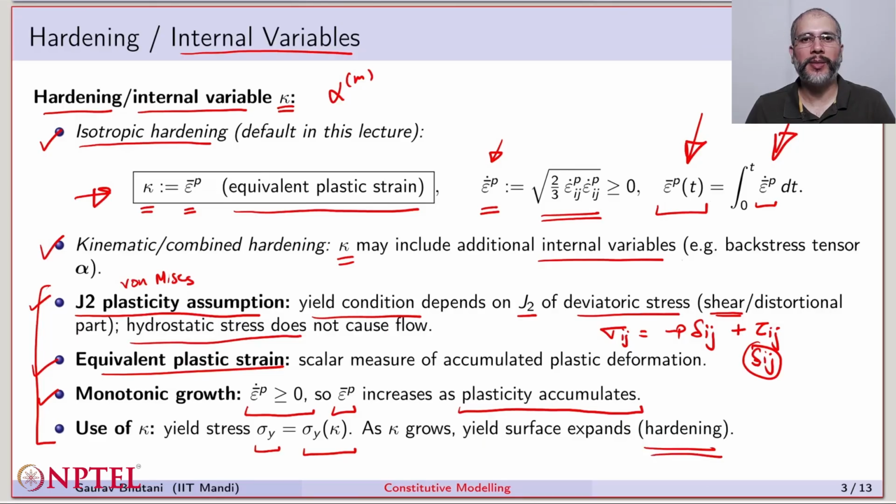That basically means the next time you want to yield it plastically, you will have to apply a larger stress. In terms of mathematical ideas, we'll be talking about something called a yield surface. We'll say that as our kappa increases over time, and we saw that it does increase over time because of the third idea of monotonic growth, the yield surface also expands.